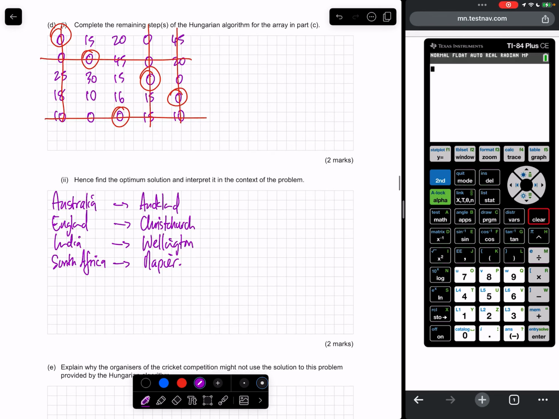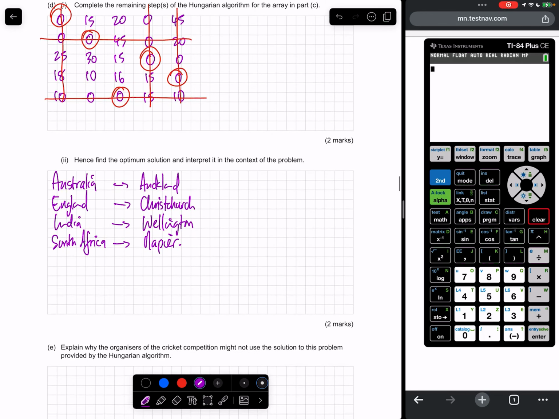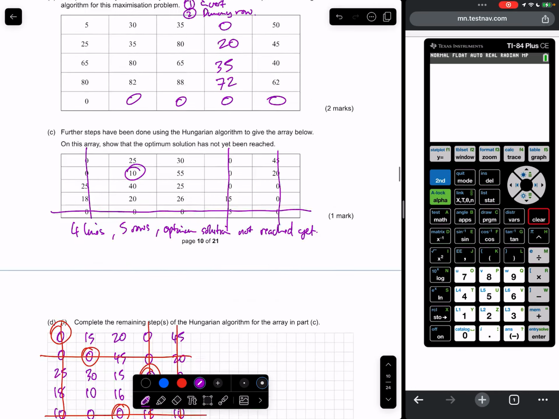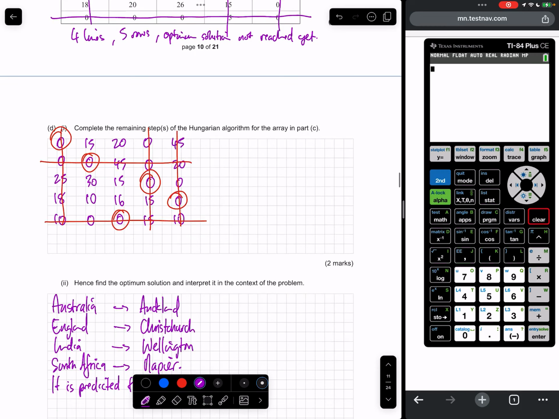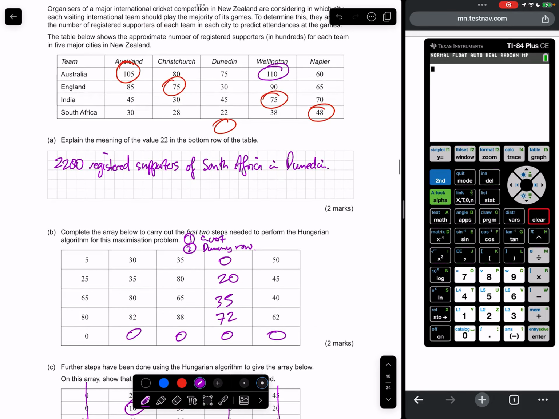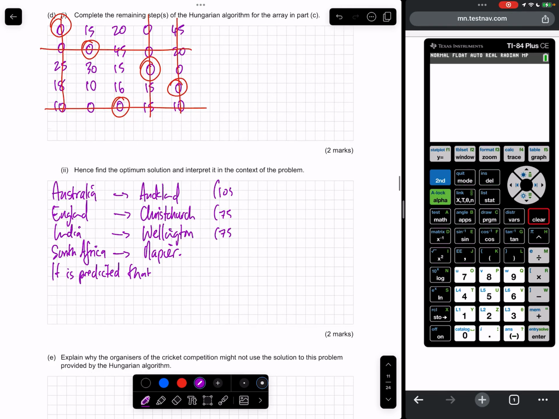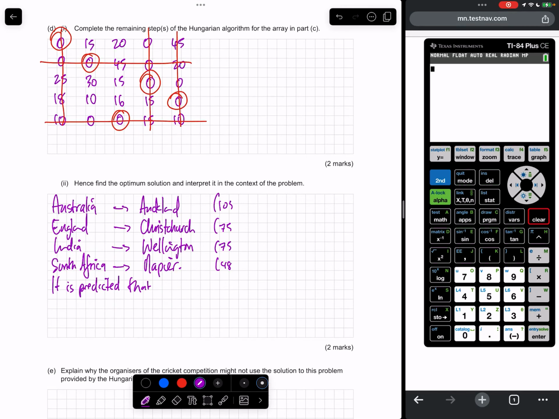Interpreting the context of the problem, it is predicted that, I should have written the numbers: 105, 75, 75, 48. That's in hundreds.